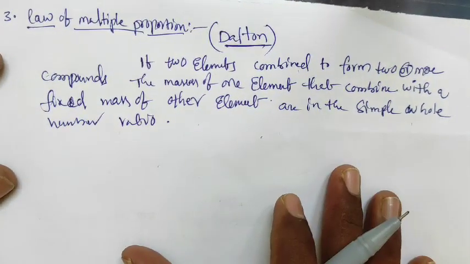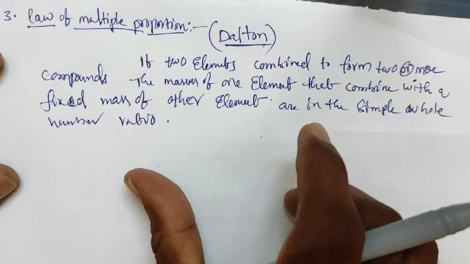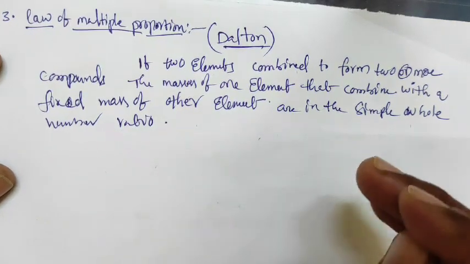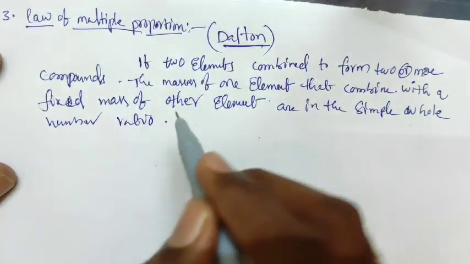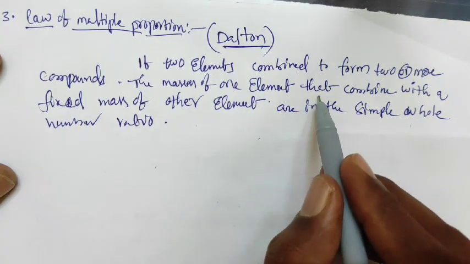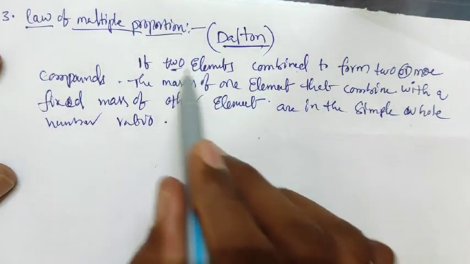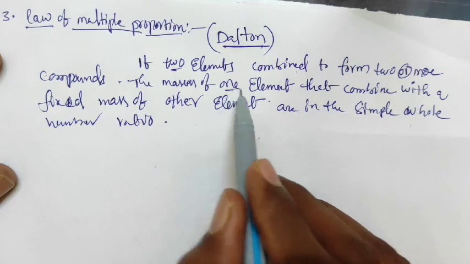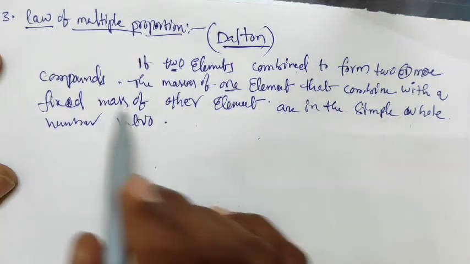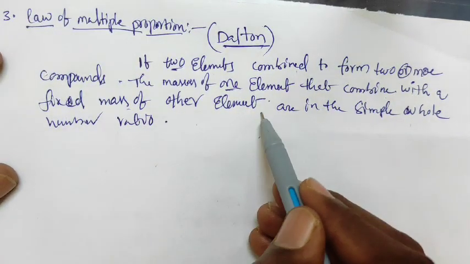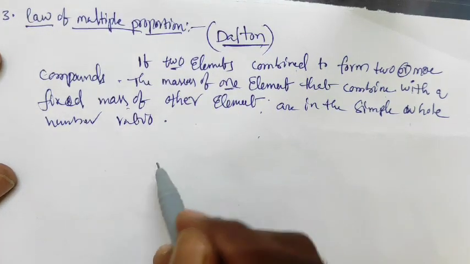So what is this? If two elements combine to form two or more compounds, in that, the masses of one element that combine with a fixed mass of the other element are in a simple whole number ratio.